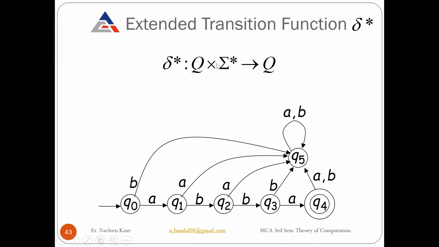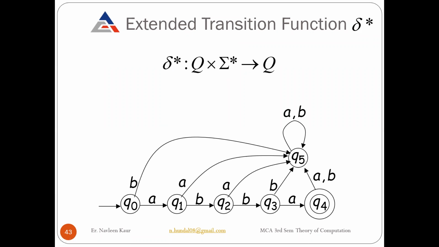Your input alphabet is also modified and it is not just this sigma sign, it is sigma star now. So two things have changed. Your sigma is represented as sigma star because it is not a normal transition function, it is an extended, an improved version. And in the extended transition function, the states will always remain the same.